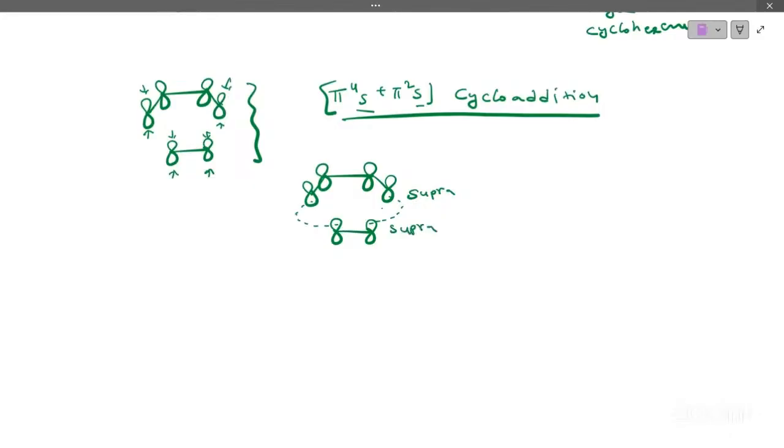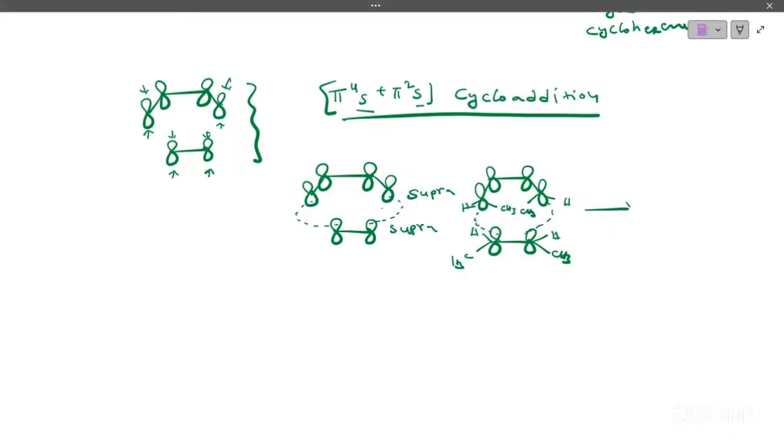Okay, here I am going to give one example. This is the hydrogen, this is the CH3, this is the CH3, this is the hydrogen, participating in supra mode of addition. The interactions may be happening between these two and these two groups.